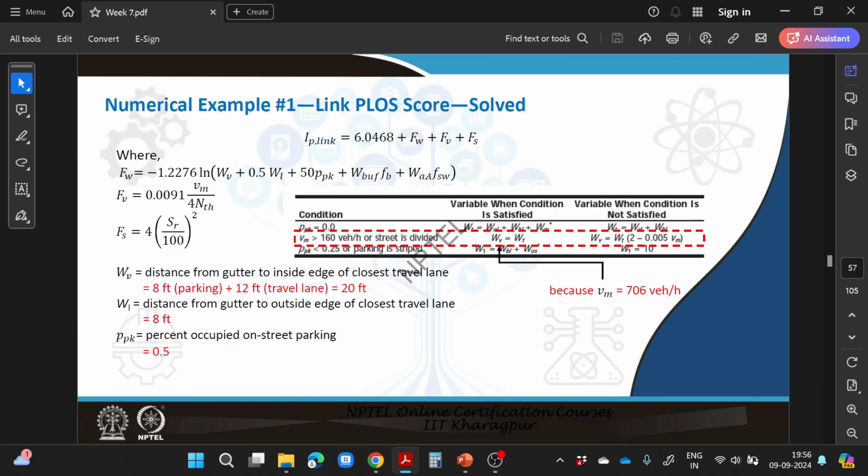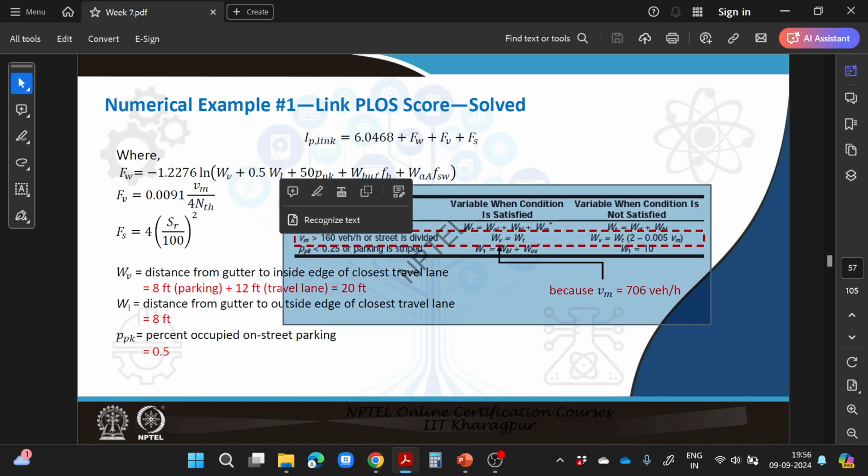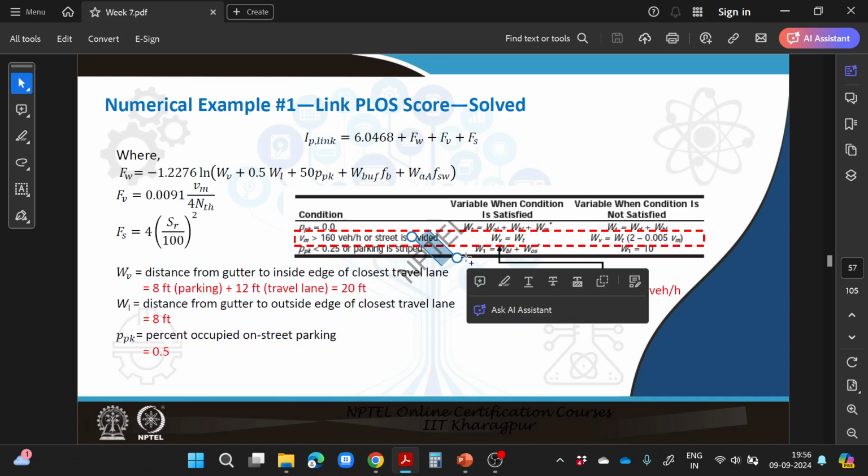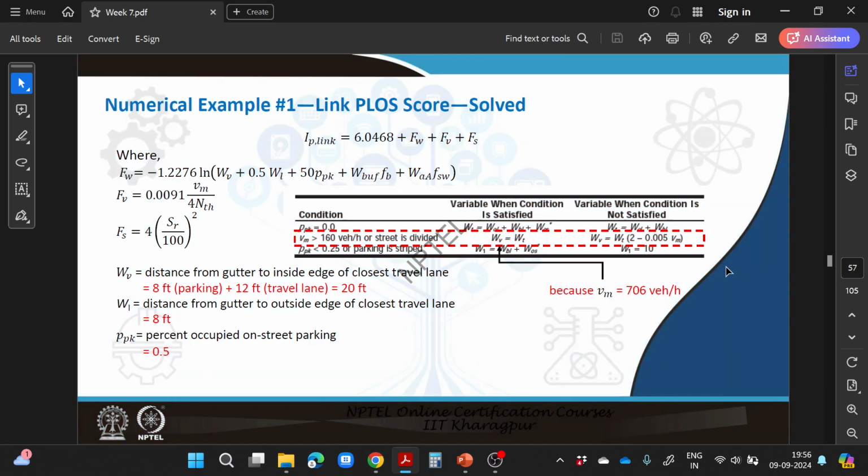In practice it shouldn't be the case, but if both conditions are satisfied, then we can take any of the formulas, for this one as well as the one below. In a numerical question, I guess it will not be given like that, but if in practice a similar problem is faced where both conditions are satisfied, then any of the formulas can be taken.